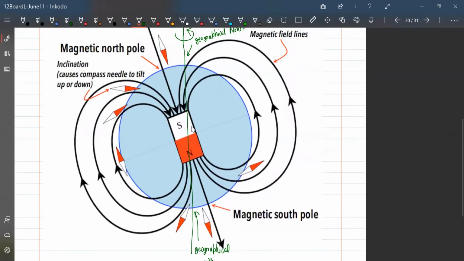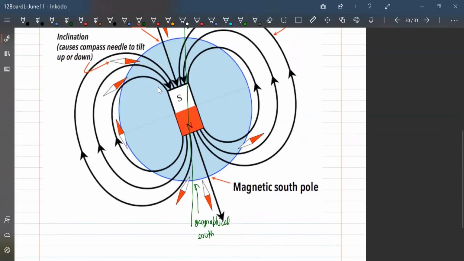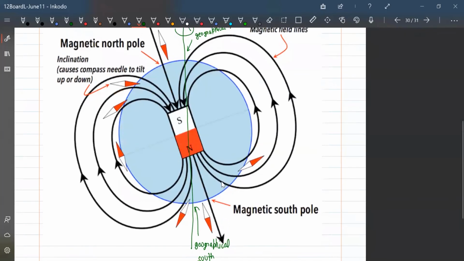And our magnetism has an axis of its own. Near the geographic south, we have the magnetic south pole. I should call it the geomagnetic south pole.